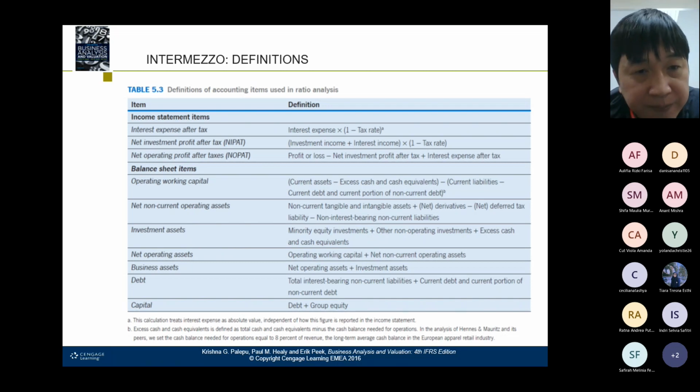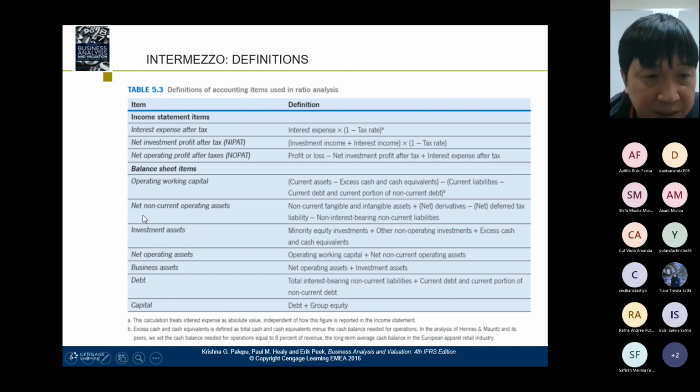For balance sheet items, operating working capital is current assets minus excess cash and cash equivalents, minus current liabilities minus current debt and the current portion of non-current debt. There is your working capital.